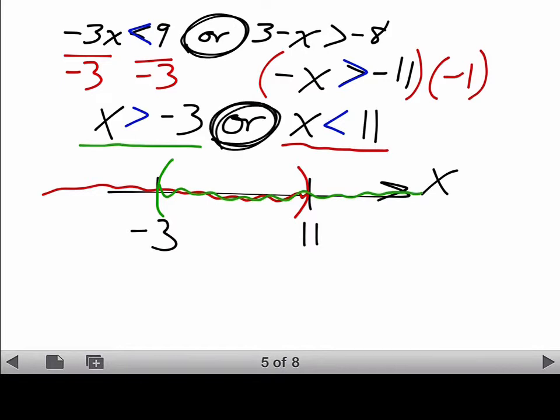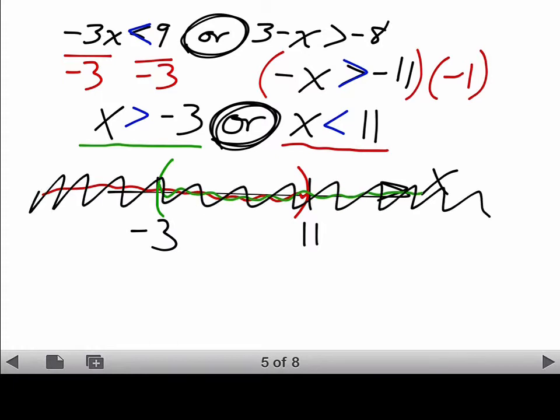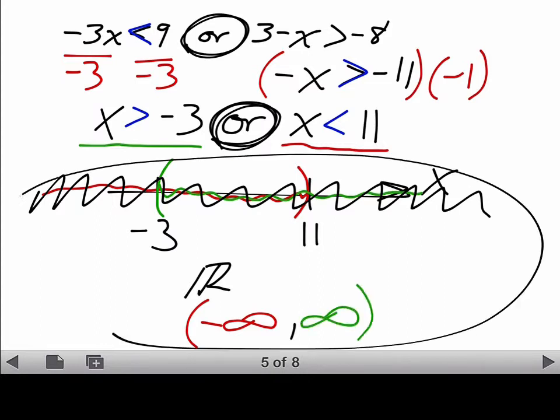Remember, OR means anything that's shaded. Notice the entire number line is shaded. The solution to this is all real numbers, which I'll indicate using the blackboard bold R. For interval notation, I'll say negative infinity to infinity with parentheses all around. This is the solution to the inequality.